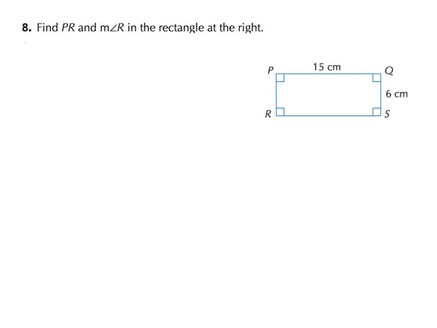Find PR, this line PR, and the measure of angle R. How do you read M? We learned that this is read as measure of. In the rectangle at the right, find PR. In a rectangle, are opposite sides equal, congruent?